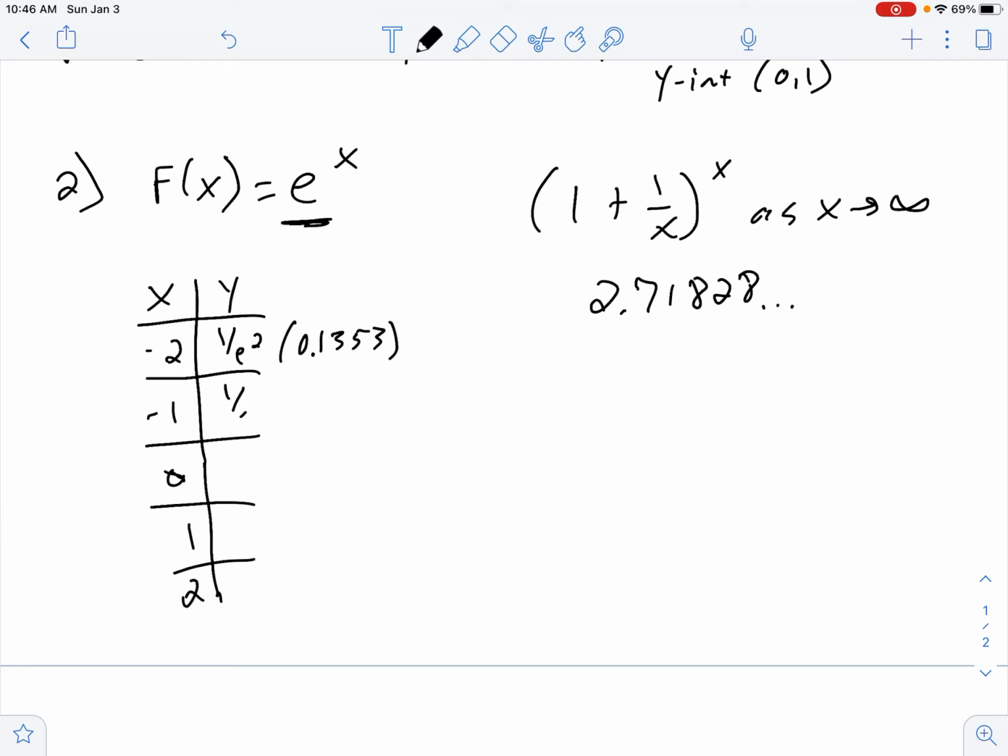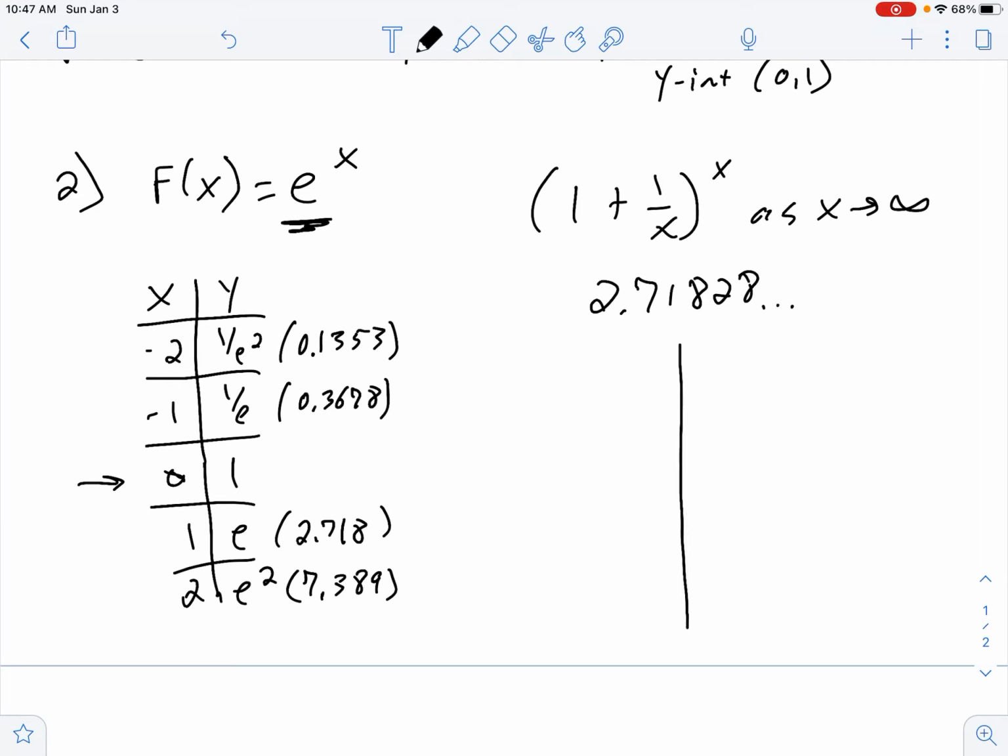This would be 1 over e, which is 0.3678. And then, of course, this would just be 1. Notice we have that same y-intercept, even though we have a different base. This would just be e, which we already said was 2.718, and then this would be e squared, which is about 7.389.